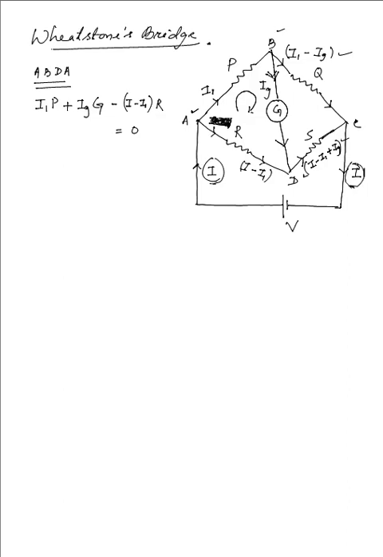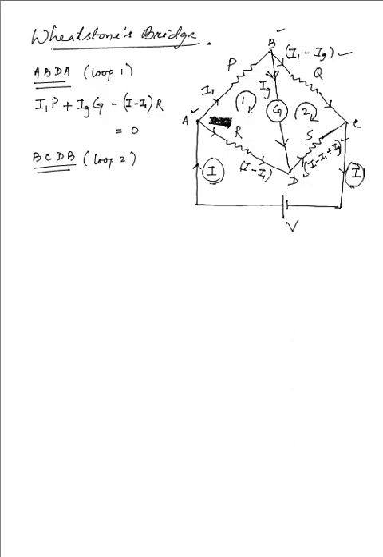Now consider another loop. Let this be loop 1 and this be loop 2. So we are now considering loop 2. What is loop 2? BCDB. That is the other loop, taken in the sense BCDB.